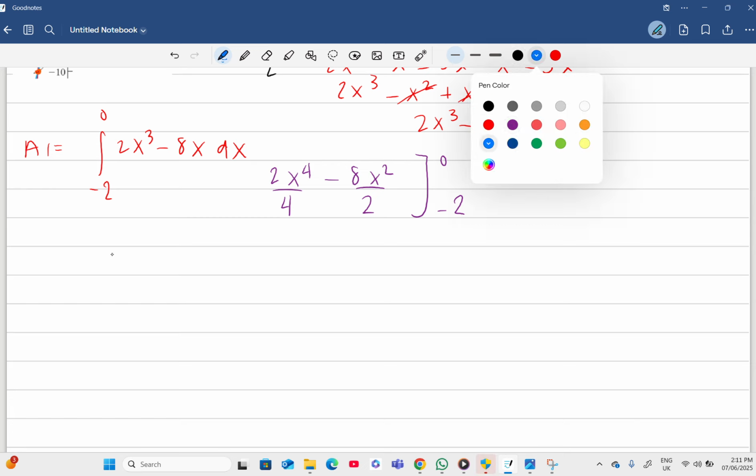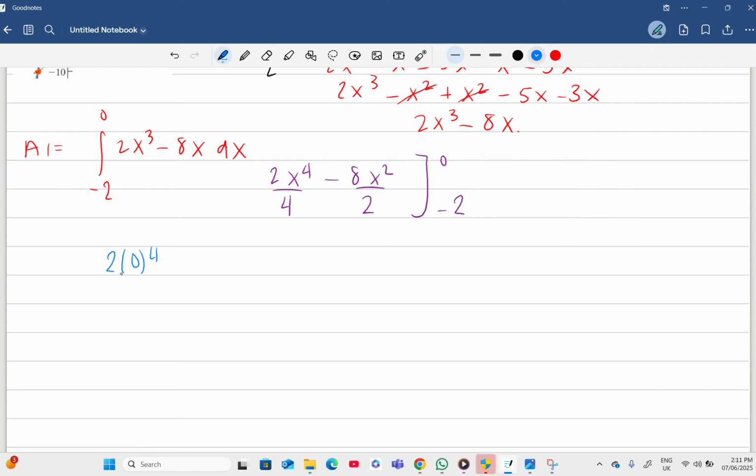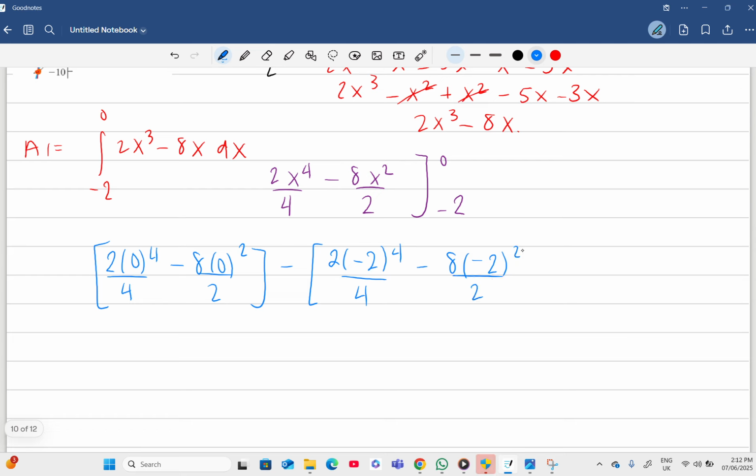We're going to get 2 into 0 to the power of 4 over 4 minus 8 into 0 squared over 2. For the 0 we know the answer is going to be 0, but this is just for us to understand what's happening. Then 2 into negative 2 to the power of 4 over 4 minus 8 into negative 2 squared over 2.